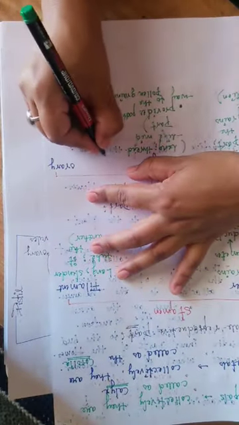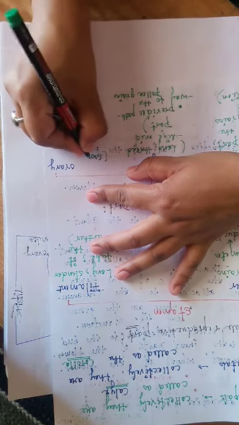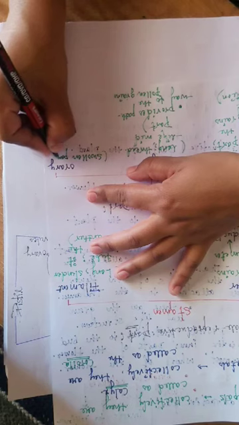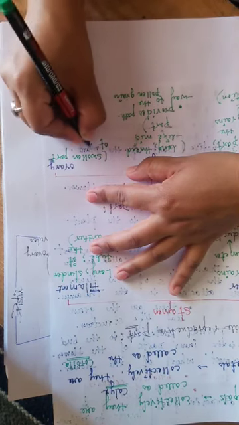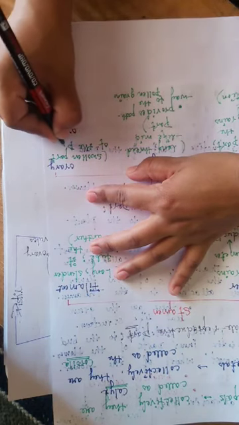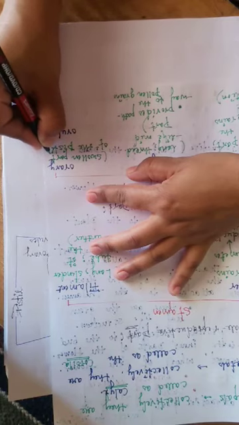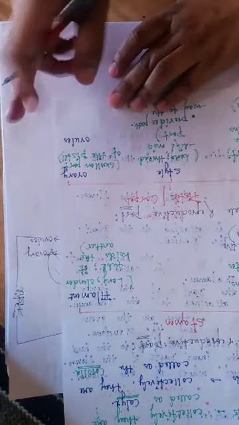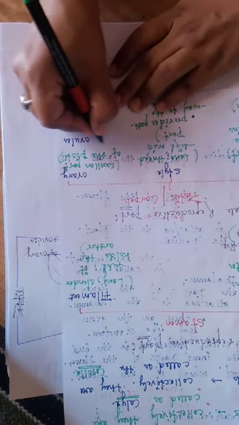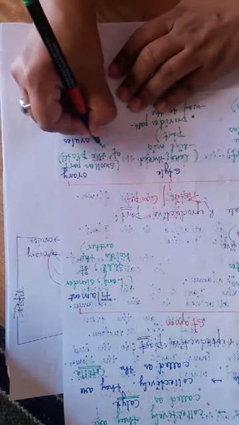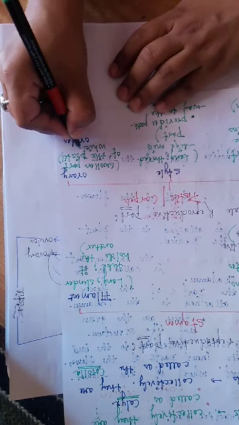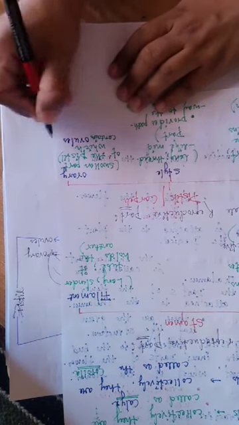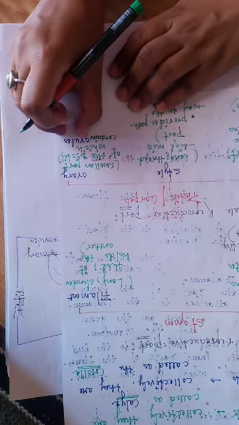First I would like to tell you about this ovary. It is the swollen part of the pistil, and it contains ovules.